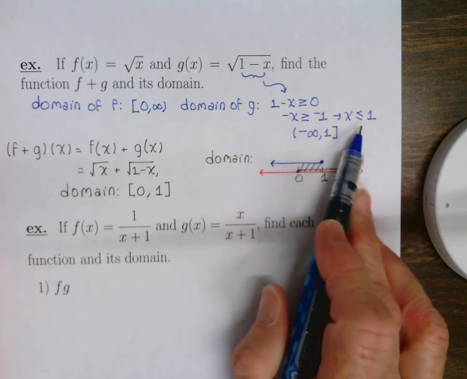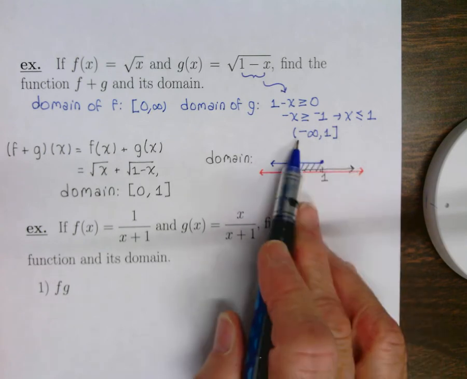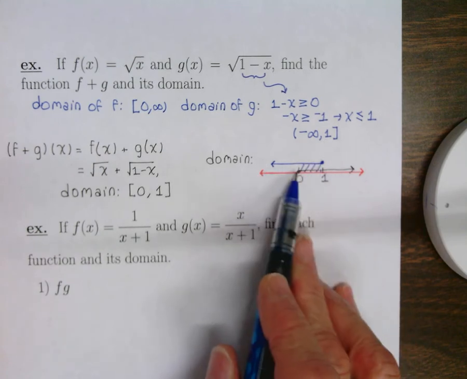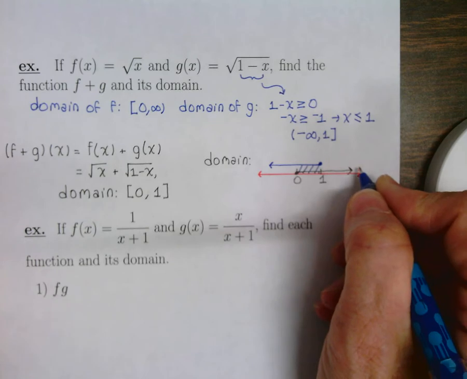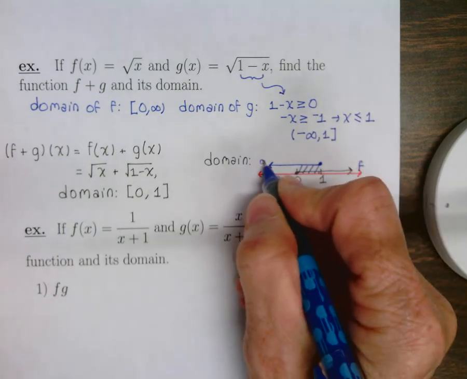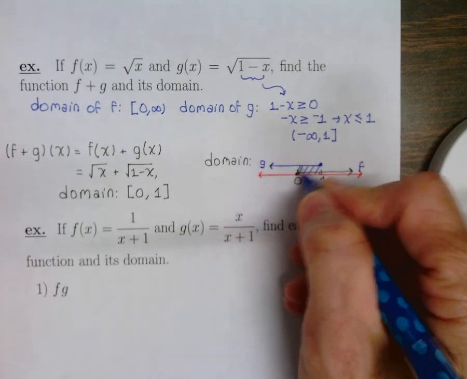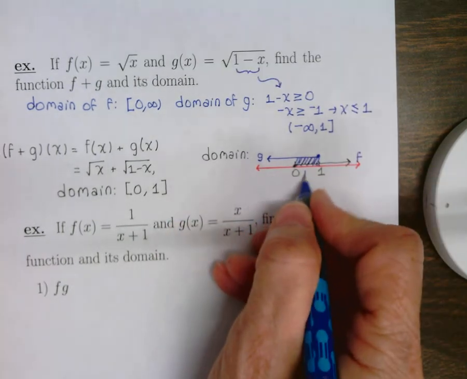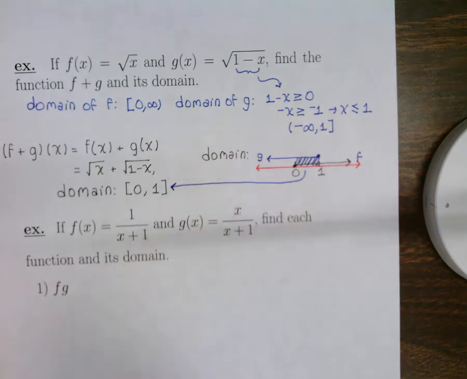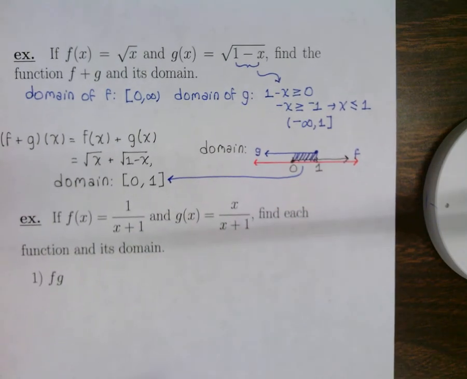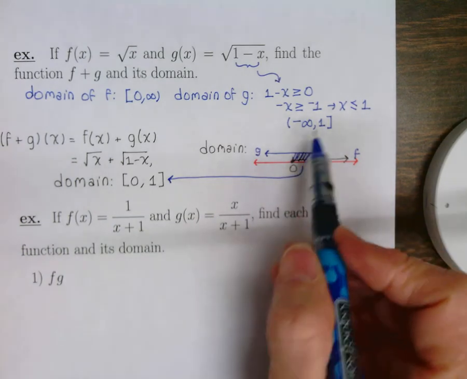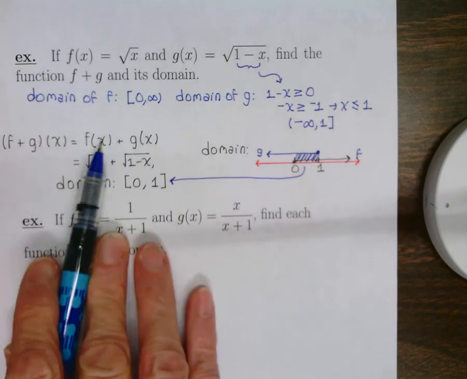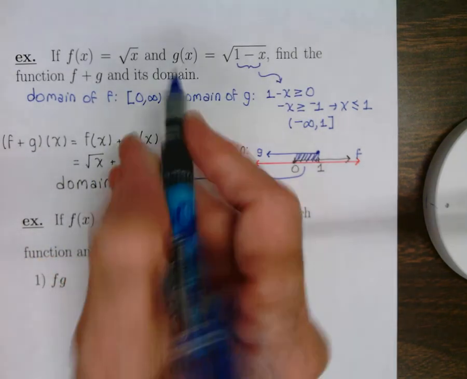Be sure you remember to flip the inequality sign, and I get from minus infinity to 1. And so our domain is where those two intersect. So f goes from 0 to infinity, g goes from minus infinity to 1. They intersect just in that region, so the domain is from 0 to 1. It does include the endpoints because the function is defined at 1 and it is defined at 0. Okay, and of course then you just add them by adding f and g, and that's our function.